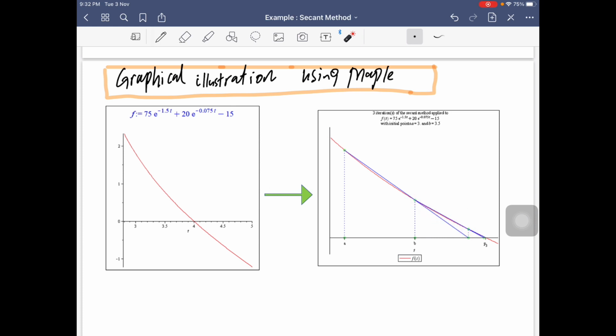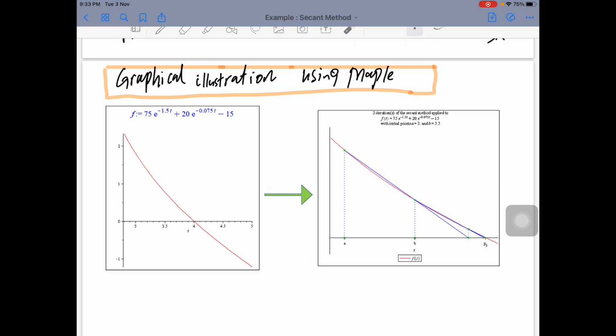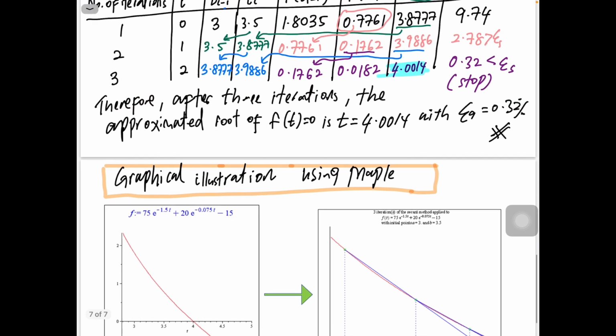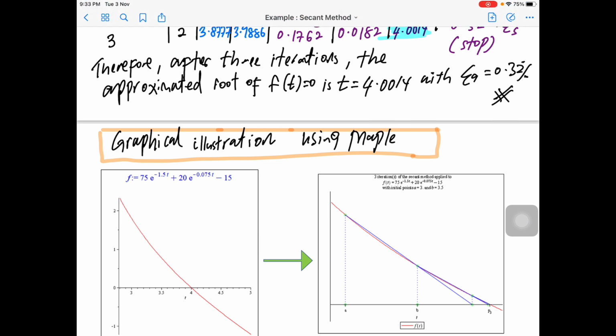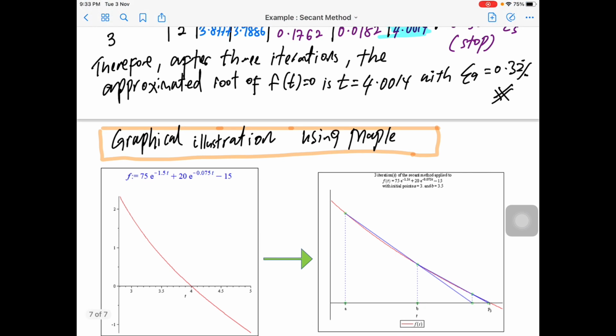We calculate and update, so we get another green circle here for our second iteration. And then in the third iteration, we have another secant line here, we calculate until we get the value for P3. So P3 is 4.0014 that we calculated here. Basically this is the idea of the secant method.